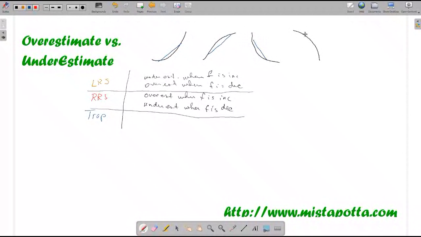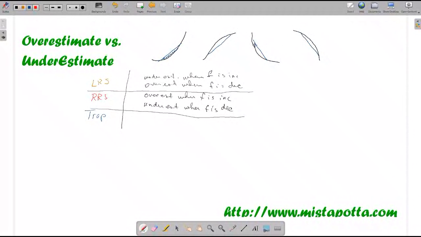And I noticed some interesting things happening here. I noticed that in this situation, I am an overestimate because I'm including this area that I shouldn't be including.